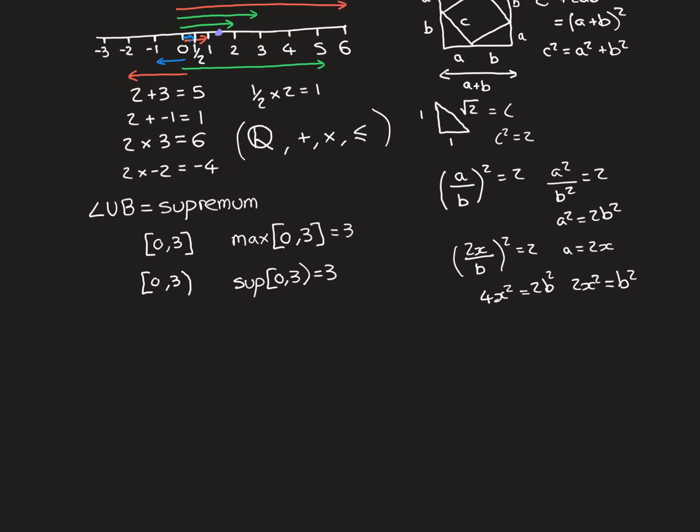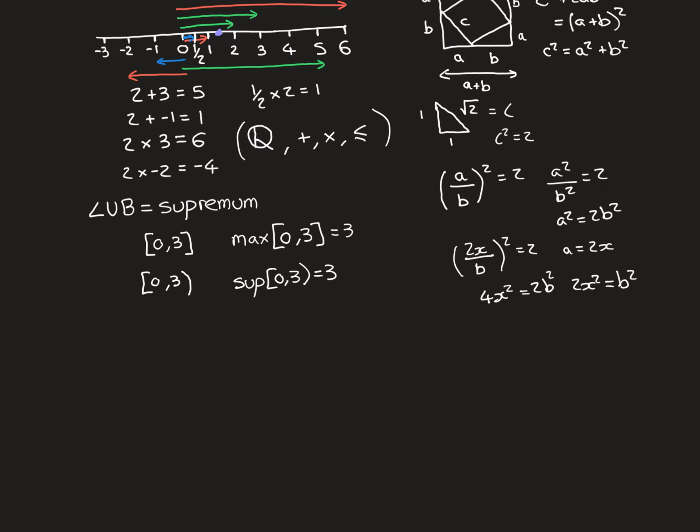Now this set does not have a maximum element because every rational in here, you can always find another rational that's slightly closer to 3. So if you think you've found a maximum within here, all you need to do is go halfway between that rational and 3, and then you'll have another rational there, which is bigger than it, and is still within this because it's less than 3. So there is no maximal element in this set.